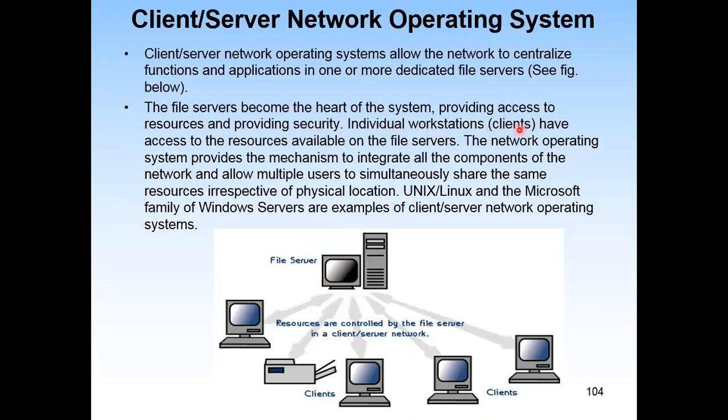Individual workstation clients have access to the resources available on the file server. The network operating system provides the mechanism to integrate all the components of the network and allow multiple users to simultaneously share the same resource irrespective of physical location. Unix or Linux and the Microsoft family of Windows Server are examples of client-server network operating systems.